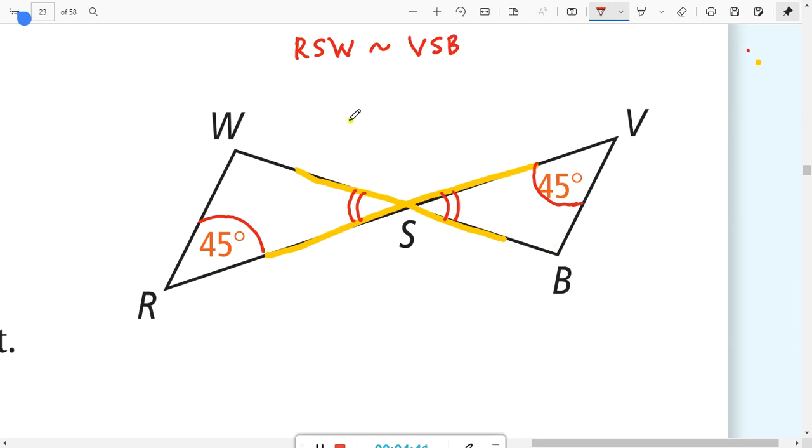All right. So triangle RSW is similar to triangle VSB by AA. Okay, that's angle, angle, because we found two pairs of angles that match, that are congruent.